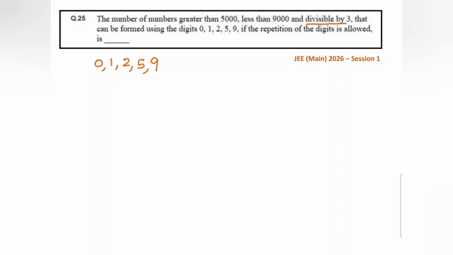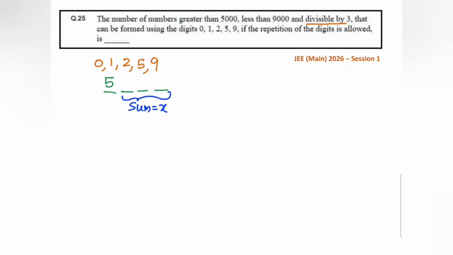Here the question is the number of numbers between 5000 and 9000, which means it's a 4-digit number. So that is very clear. So let us consider this 4-digit number. Greater than 5000 and less than 9000 means it's very obvious that the first digit must be 5. So what we are going to do now is, let us assume that the sum of this is equal to x, and we know that the number is divisible by 3 if the sum of all the digits is divisible by 3.